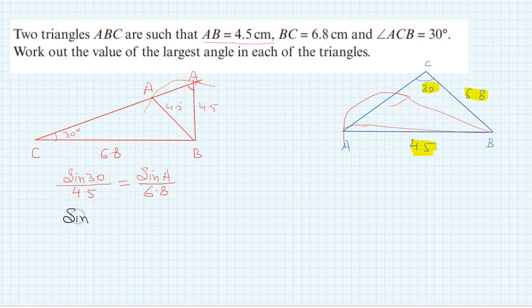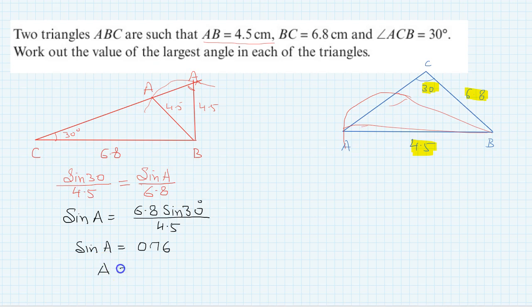So sine A is equal to 6.8 sine 30 divided by 4.5. So sine A is equal to, so this is 0.76.